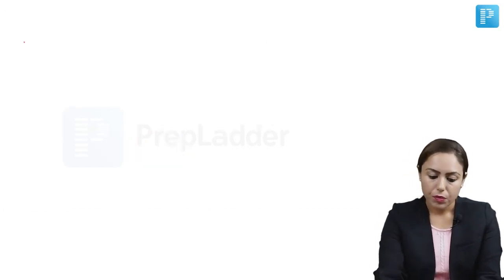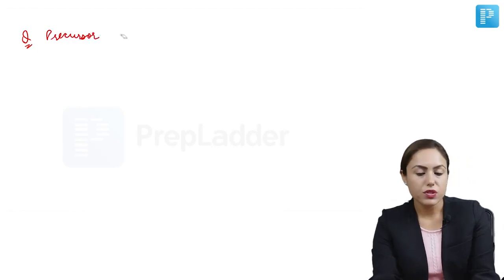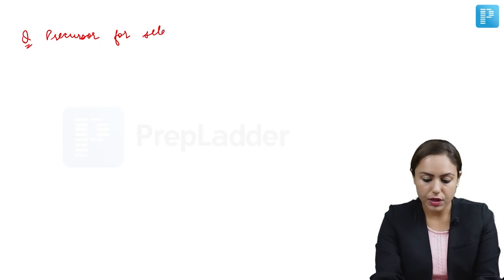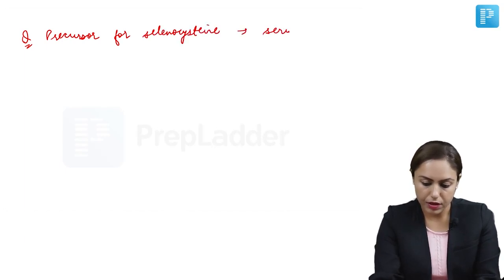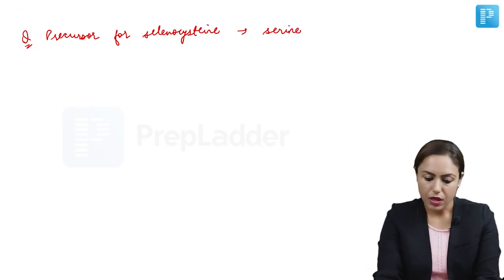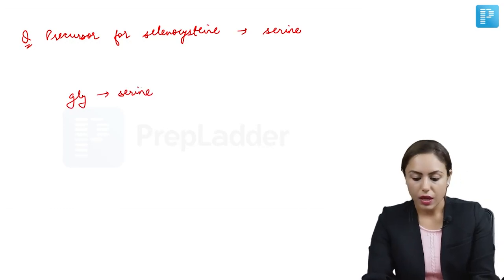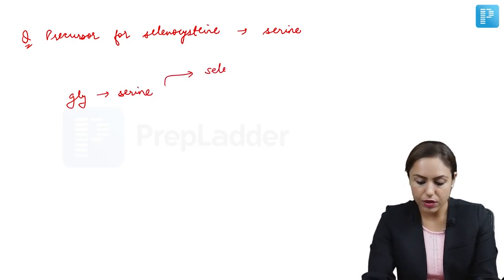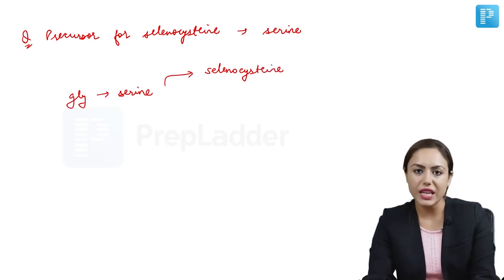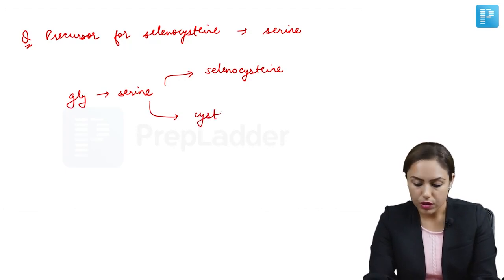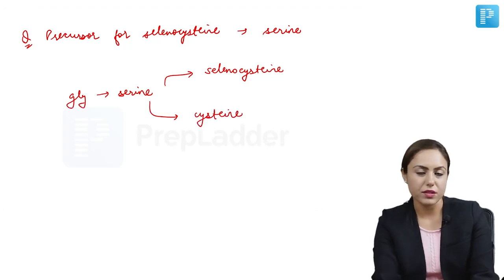Okay. Now, the precursor for selenocysteine, the 21st amino acid, is serine. I told you glycine will be converted to serine, and then serine gets converted to selenocysteine by addition of selenium here. On the other hand, serine also gets converted to cysteine amino acid, right?